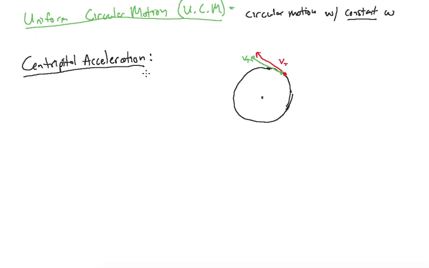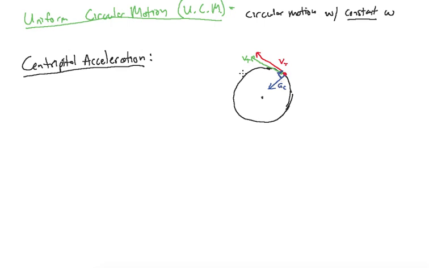So it turns out that this centripetal acceleration, it's called centripetal because it's like a center-seeking acceleration. This thing is trying to go towards the center. So the acceleration is pointed toward the center. It's at a right angle to the tangential velocity, which causes it to turn. If it was anything but at a right angle to the tangential velocity, it would cause it to speed up or slow down, right? Because it would change it in the direction that it is.